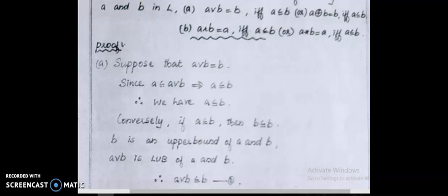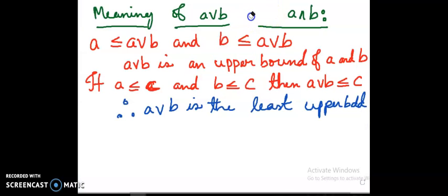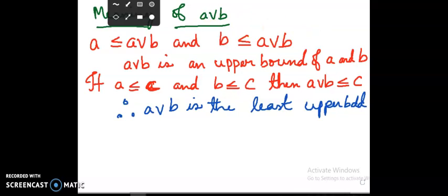Now let us learn the meaning of A OR B. A is less than or equal to A OR B, and B is less than or equal to A OR B. A OR B is the upper bound.